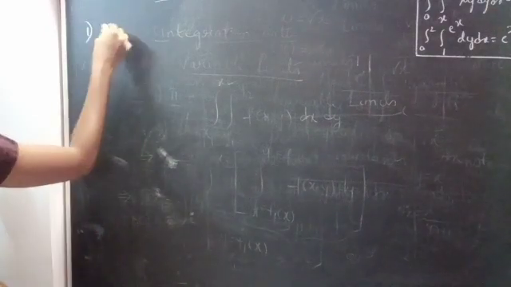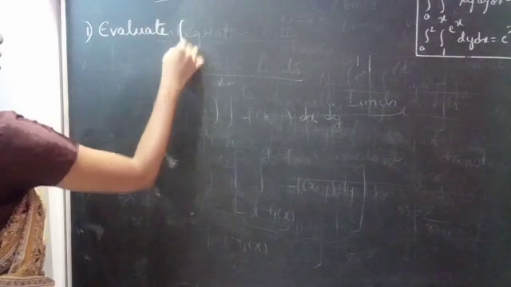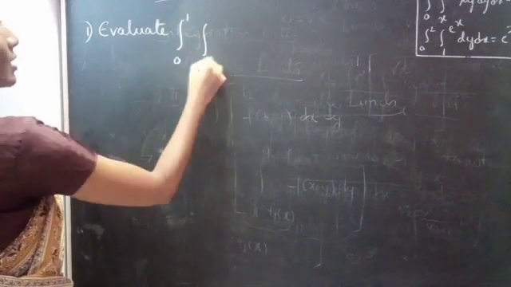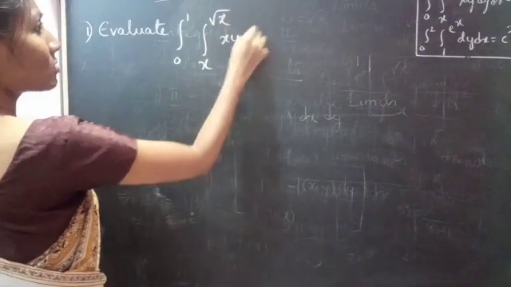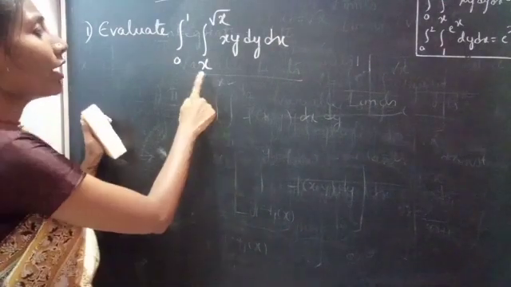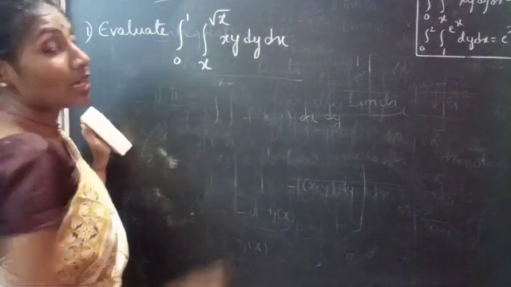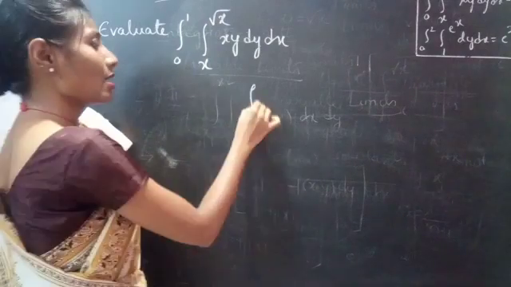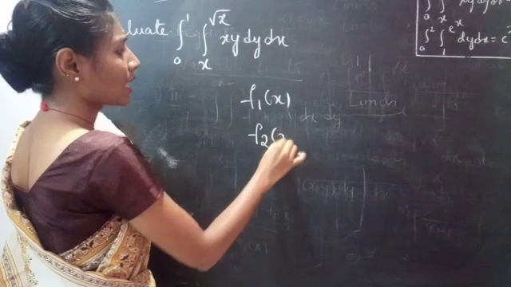First one, evaluate integral 0 to 1, integral x to root x, xy, dy into dx. Here you can notice that the limits are in x. That is f1 of x and f2 of x.